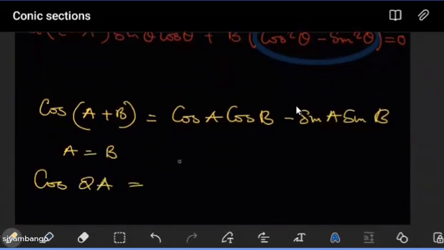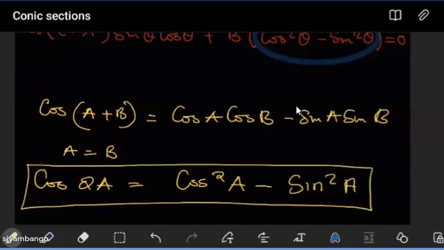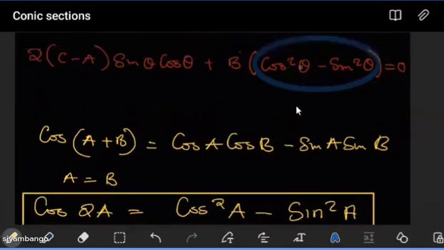Notice that this will now be cos A times cos A, which is just cos squared A, minus sine A times sine A, which will also just be sine squared A. So this is the identity that we are going to use here, because we see this is cos squared theta minus sine squared theta. This implies that this is the same as just cos 2 theta. Do you agree with that?